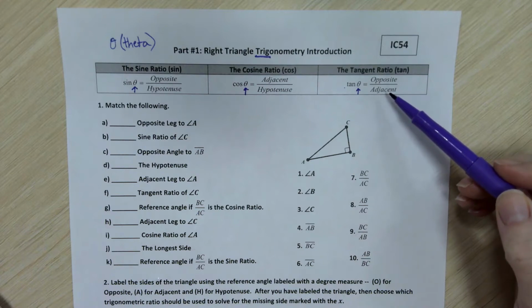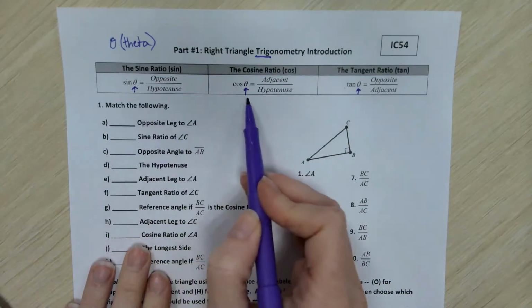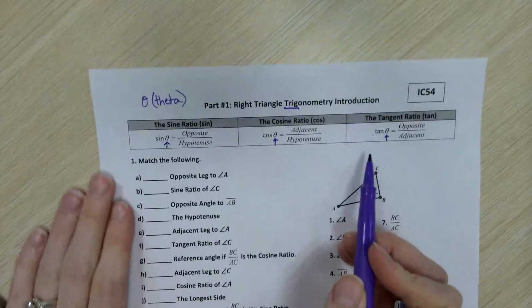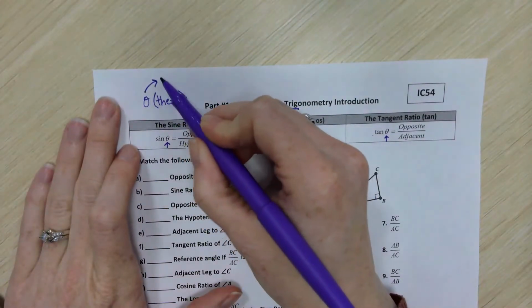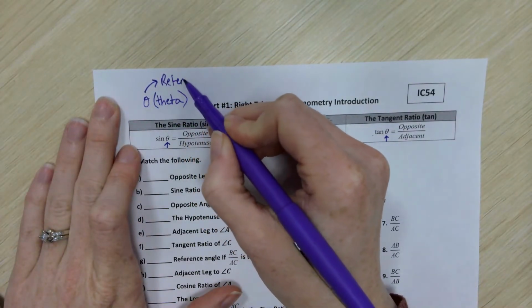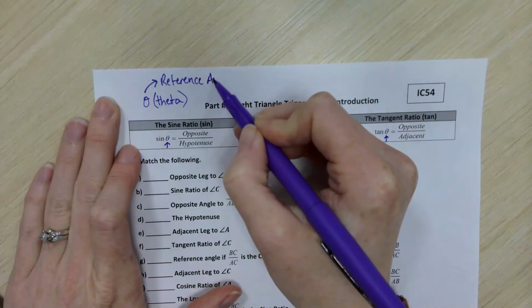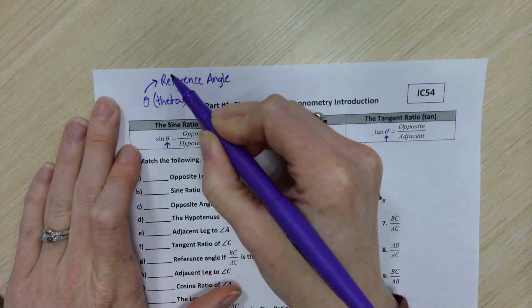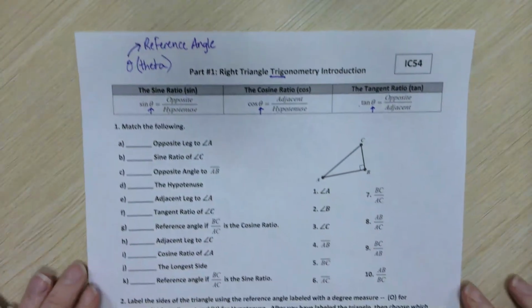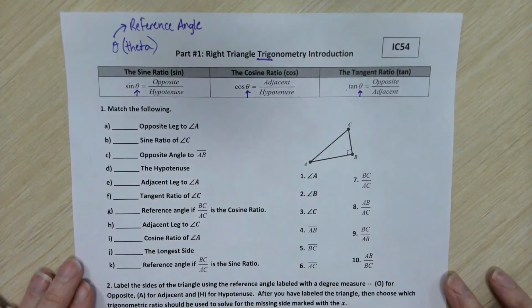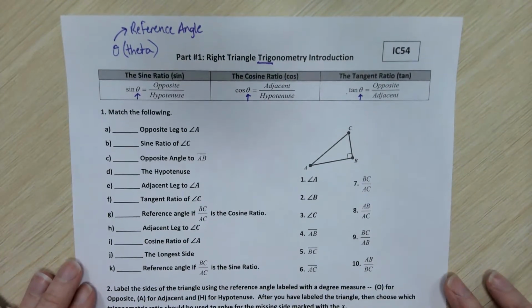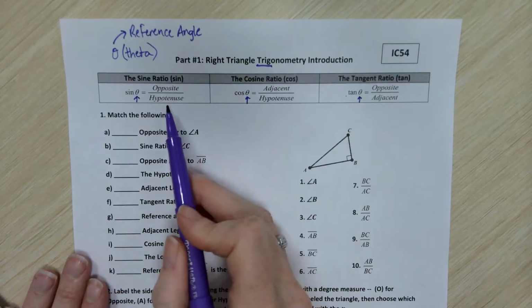And so what's happening is this theta that we're talking about is actually what we call the reference angle. And so that's the angle that we use when we're trying to make decisions about which part of a triangle is the opposite, which part of the triangle is the adjacent. We don't use the reference angle when we're making a decision on the hypotenuse.